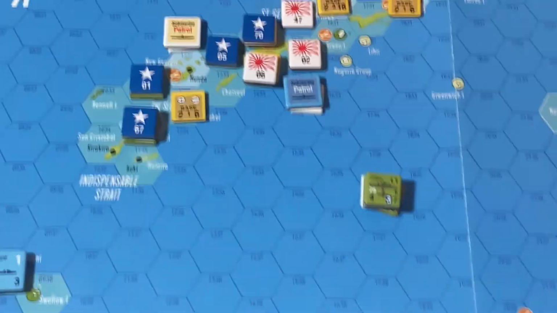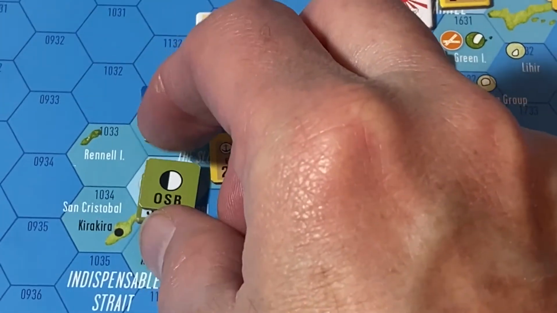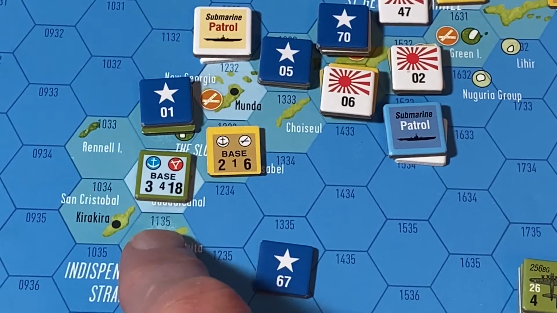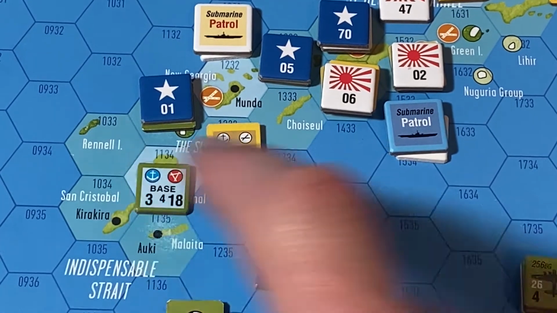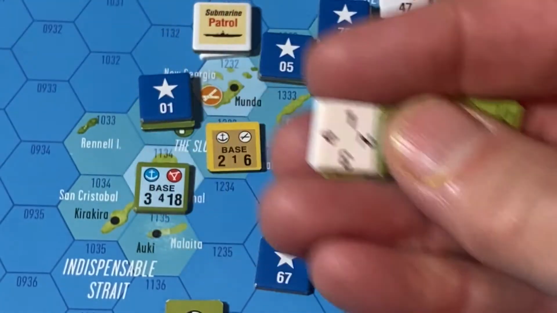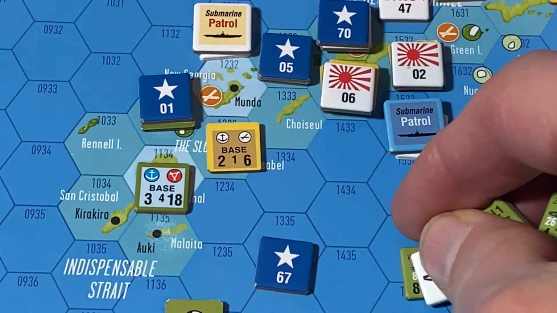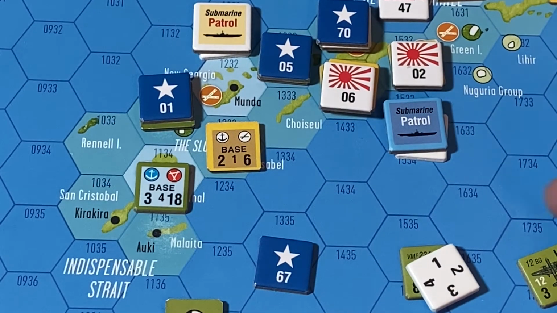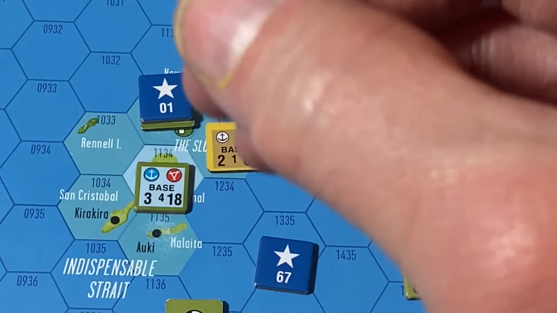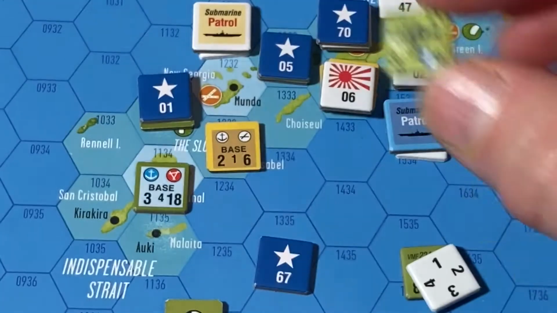One thing I've noticed about this scenario that really makes a big difference for the Allied side is having this base be a large base in Guadalcanal. These planes have been very effective. I've been activating these as much as I can, because you can see this one is pretty good for ground attack, a 6.